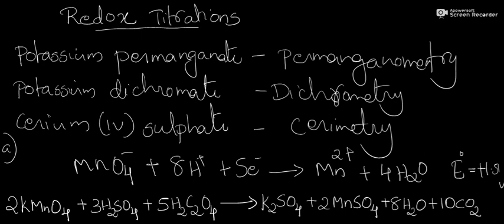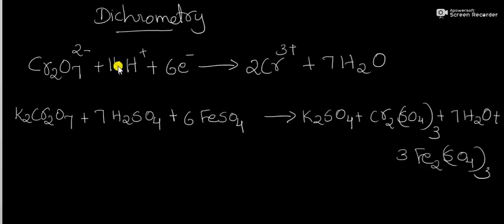Here the endpoint is the appearance of permanent pale pink color in the oxalic acid solution. We know that potassium permanganate is not a primary standard, so it can be standardized using crystalline oxalic acid or Mohr's salt, etc.